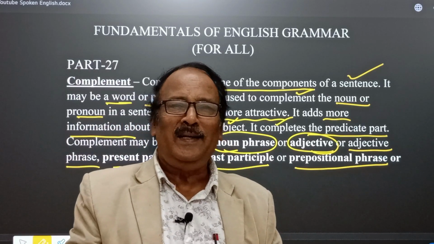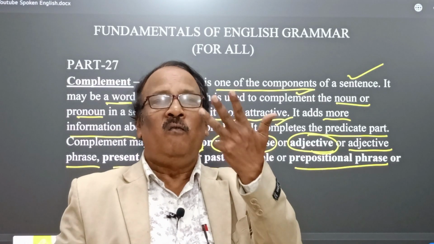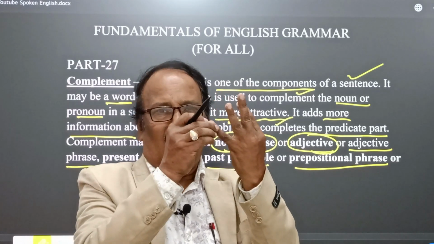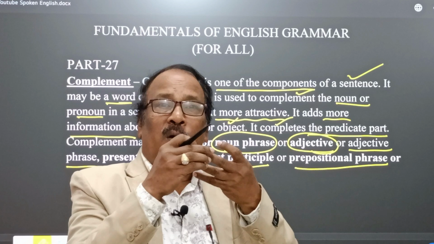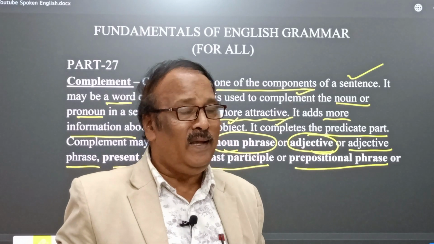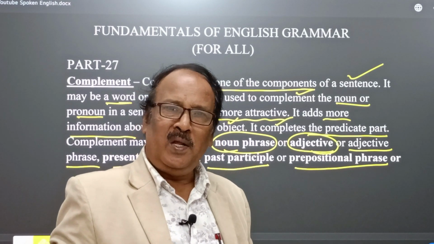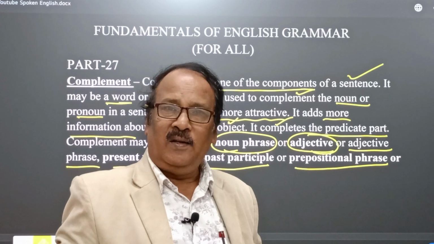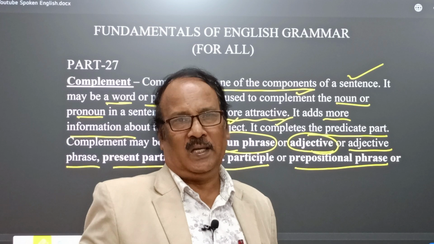Very interesting idea: usually complements are of four types, one noun phrase, adjective phrase, adverb phrase or prepositional phrase. Once again, I repeat, a complement may be a noun phrase or adjective phrase or adverb phrase or prepositional phrase.